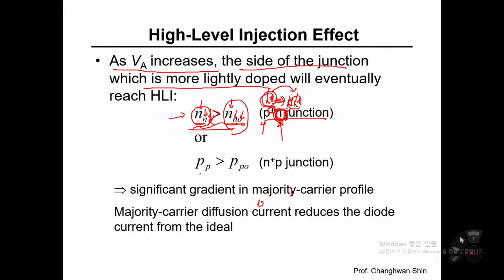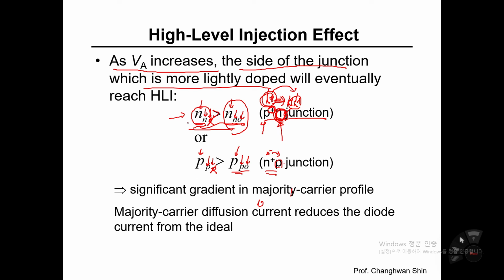On the second line, there is another example, an N plus P junction, where more electrons would be injected into the P side, the lightly doped one. At thermal equilibrium in the P side, the hole concentration is the majority carrier concentration, and at non-thermal equilibrium, the hole concentration in the P side would be higher than p sub p naught, which means the majority carrier concentrations are significantly affected because of the injected carriers.